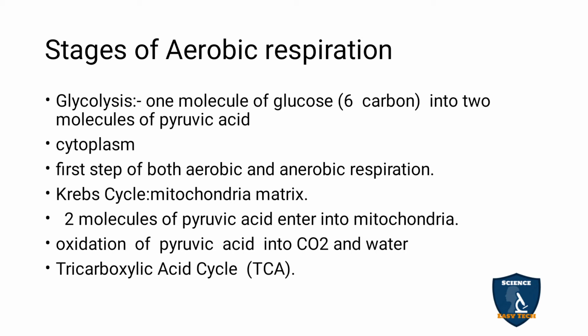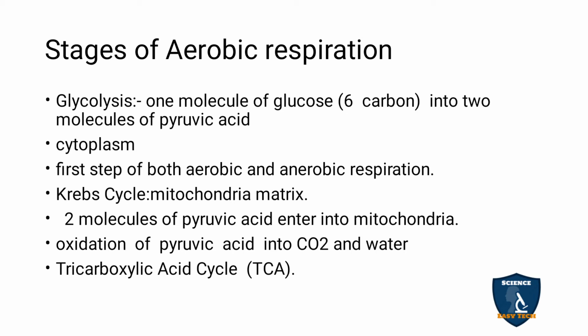Why? Because when the pyruvic acid is going to convert to carbon dioxide and water, the first product is a tricarboxylic acid, that is, three acid groups, COOH groups, organic acid groups.